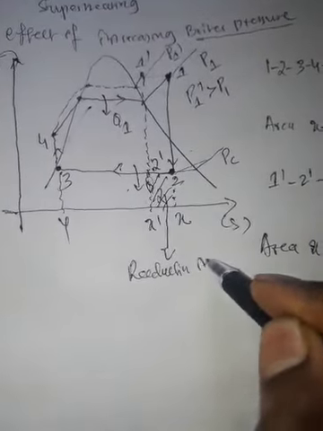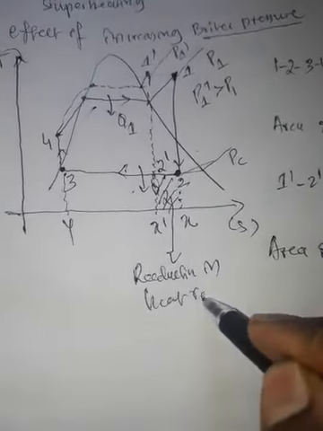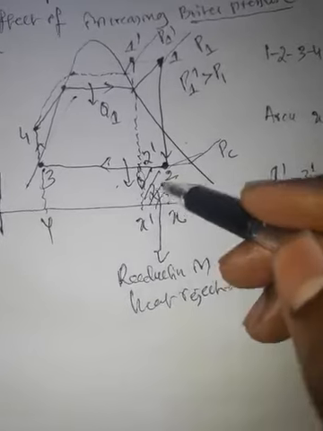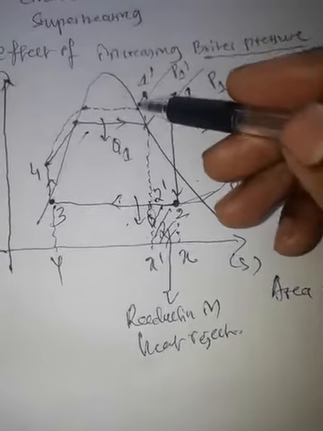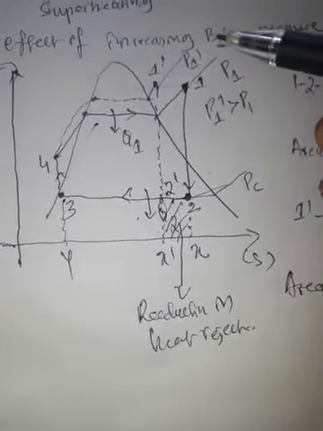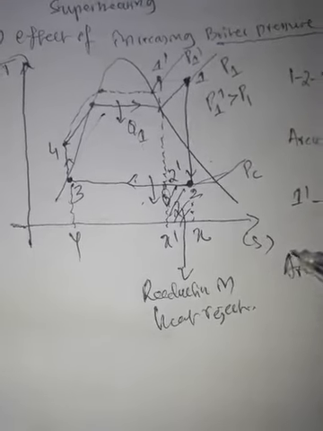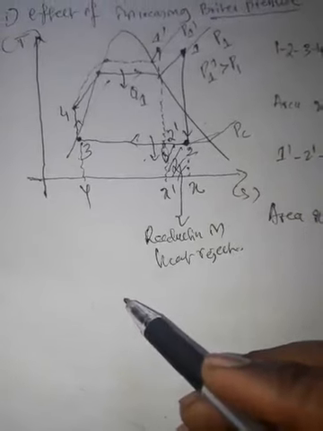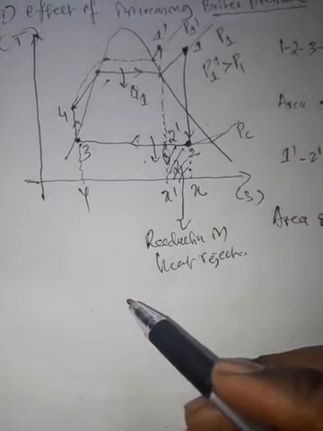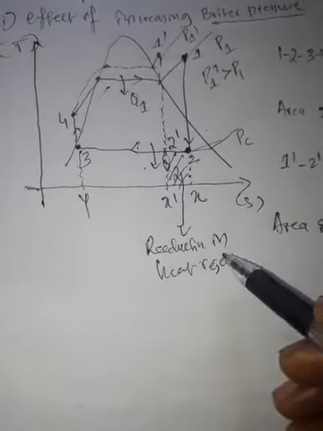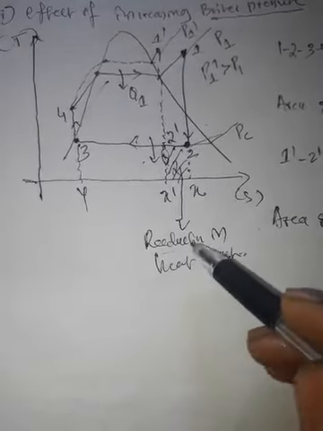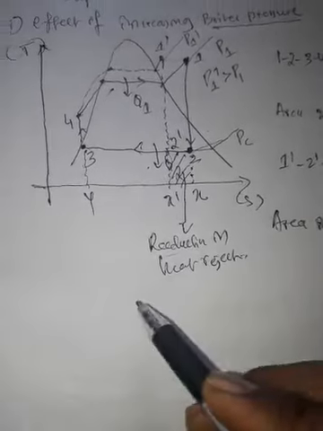Reduction in heat rejection. This is saved due to increase in boiler pressure. Friends, we are discussing the effect on thermal efficiency, means we are saving the heat rejection. Heat rejection is saved here.